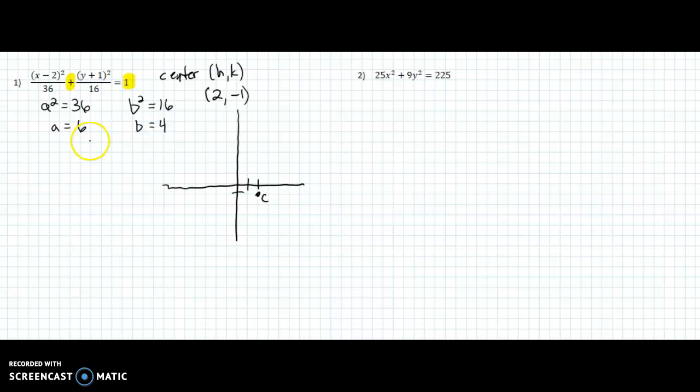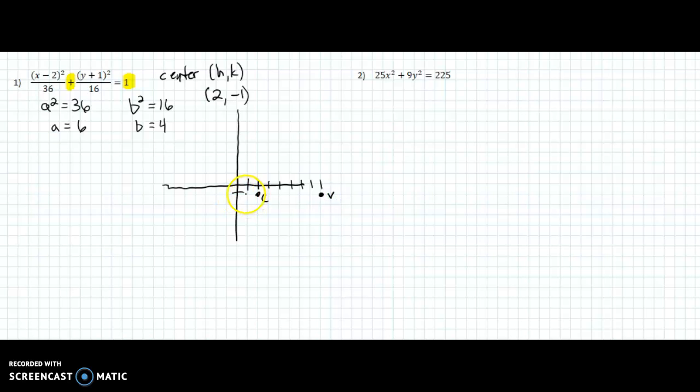And you can tell which way the ellipse stretches by the a and b value, and where it comes from. So a is under x, so we're going to count from the center in the x direction 6. So that's 1, 2, let's go ahead and get rid of that tick mark. 1, 2, 3, 4, 5, 6, so I'm at 8, and that is called the vertex.